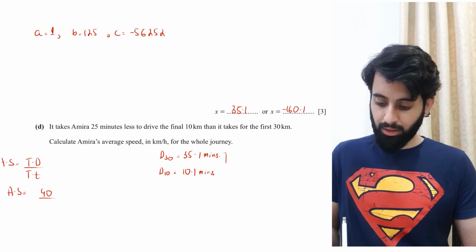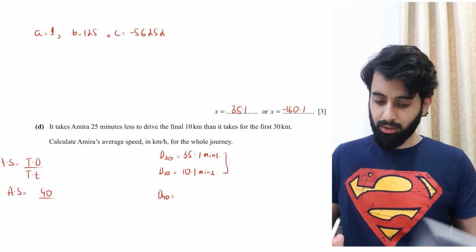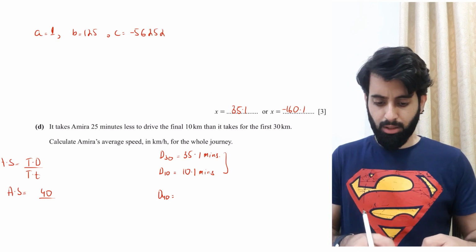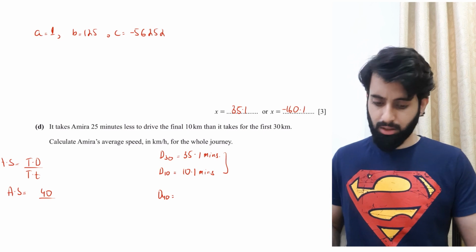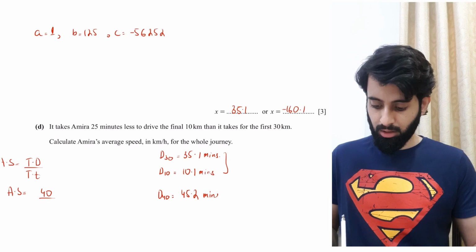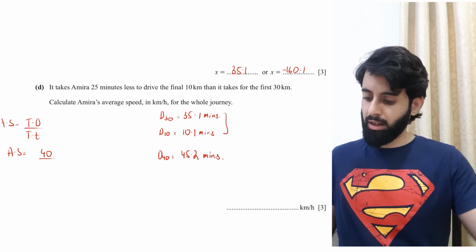So altogether, it takes her 35 plus, let's just use a calculator. So 35.1 plus 10.1. So it takes her 45.2 minutes for the entire journey. Okay, so I already have the total distance.